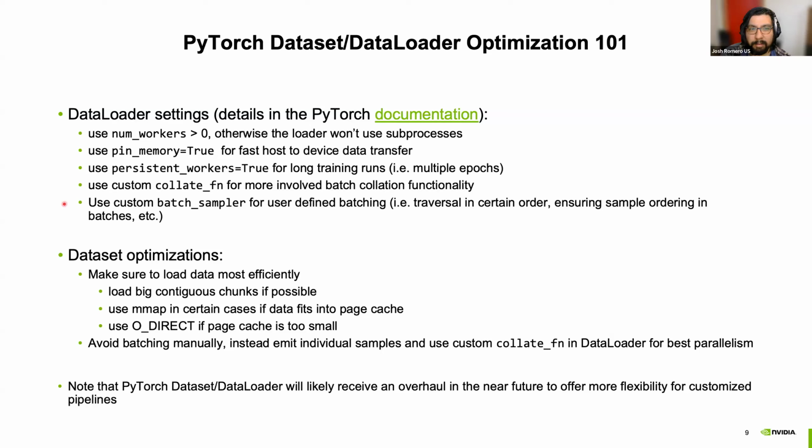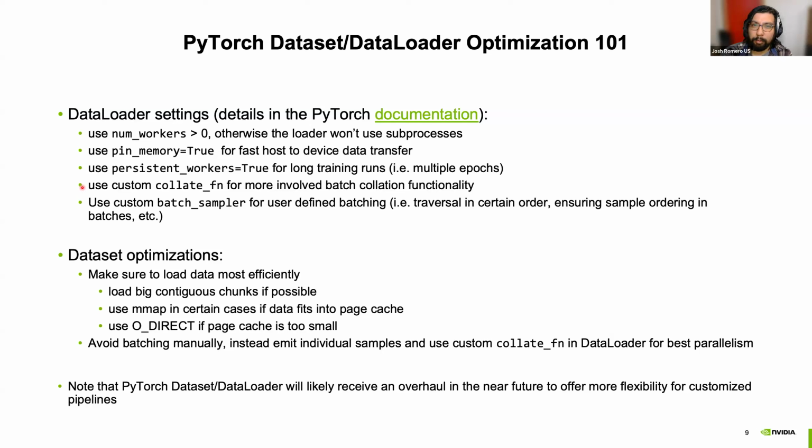The data loader also has some options for writing custom collate functions. So the way the PyTorch data loader works, for those who don't know, is you tell it how to load a single sample in a batch. And it uses these multi-process workers to load each individual batch sample, but then it has to merge them somehow into a single batch.